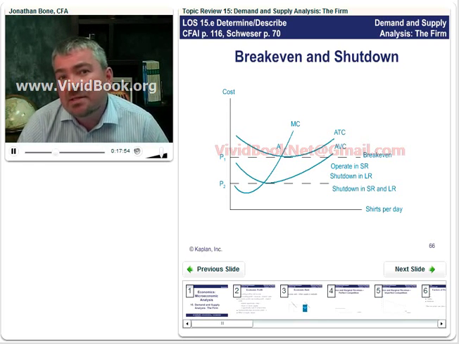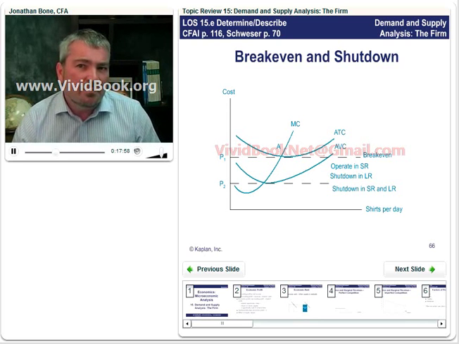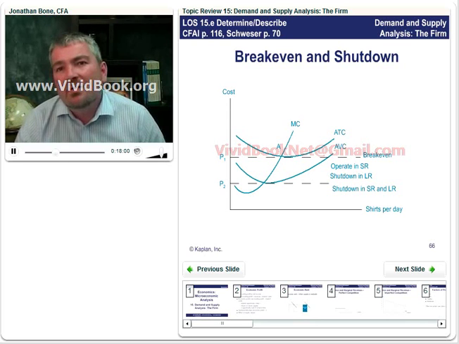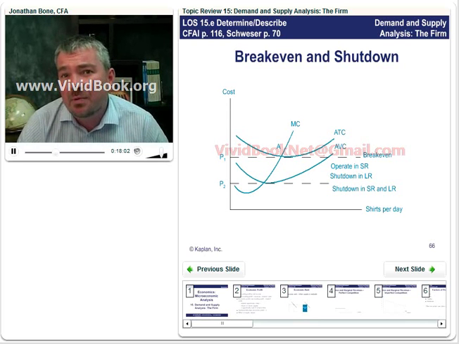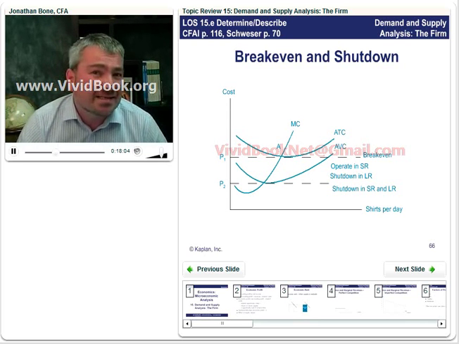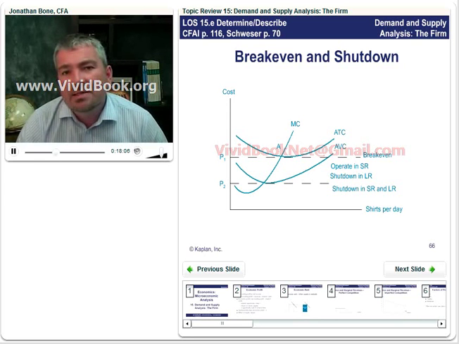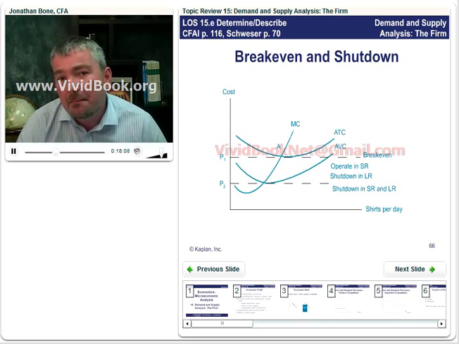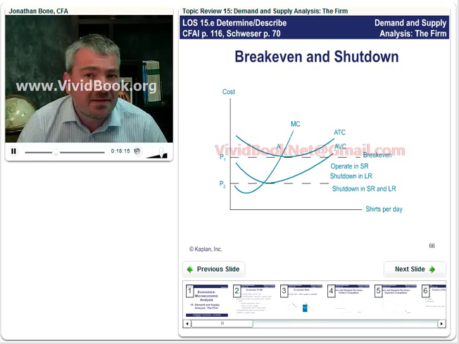Notice if the price is between P2 and P1, they'll operate in the short run, but shut down in the long run. Now remember the difference between average variable costs and average total costs. It's the fixed costs. So if price is above P2, we're covering our variable costs, but because it's below P1, we're not fully covering our fixed costs.